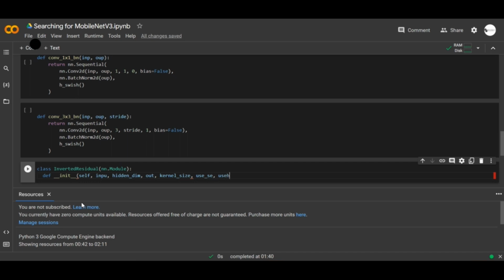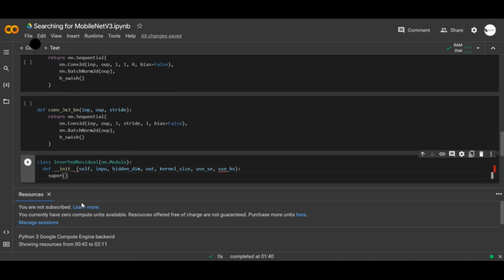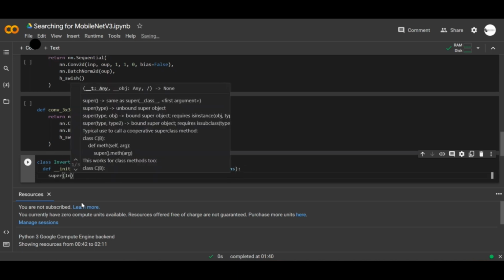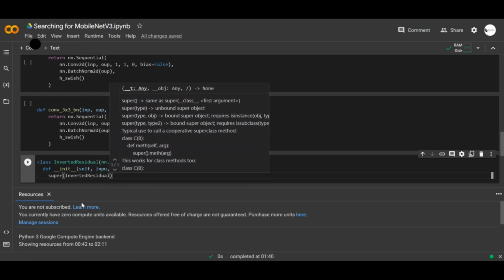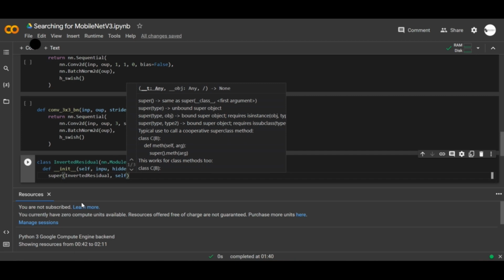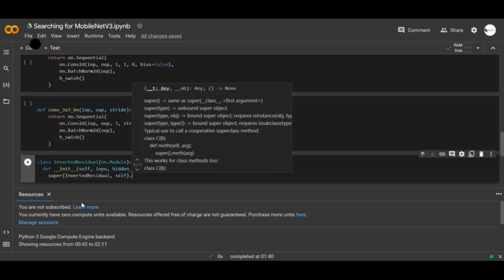Then we're gonna say use, then we're gonna take in the inverted residual block. We're gonna say self dot init.